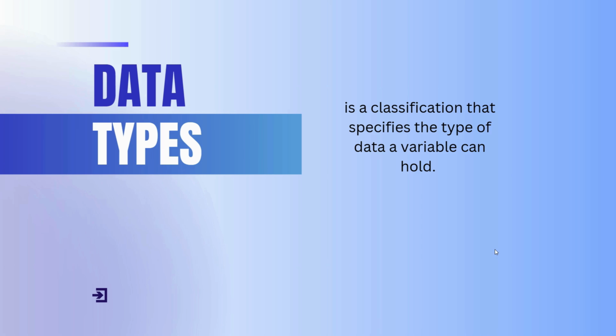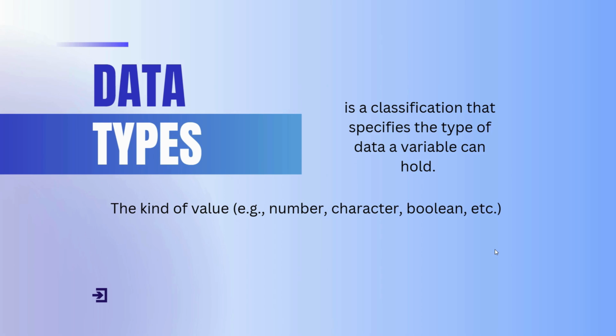Whatever programming language you take, data type is necessary. So these are some examples: number, character, boolean. Mostly, in most cases, it will be integer, string, character. Booleans are used when we have to check whether it's true or false.